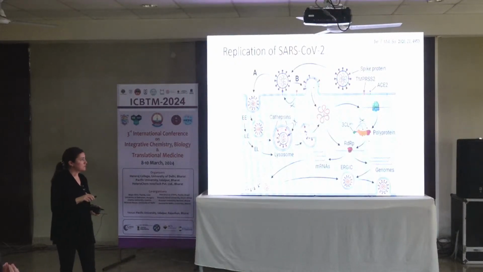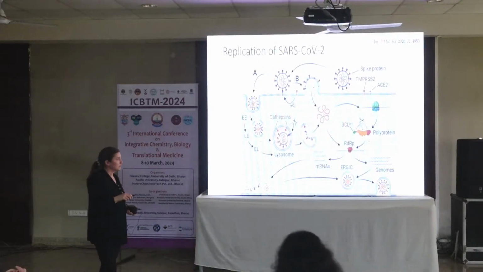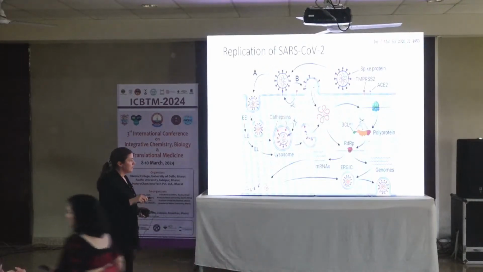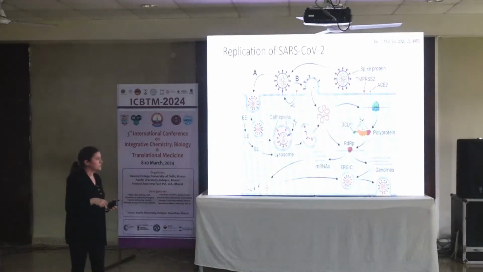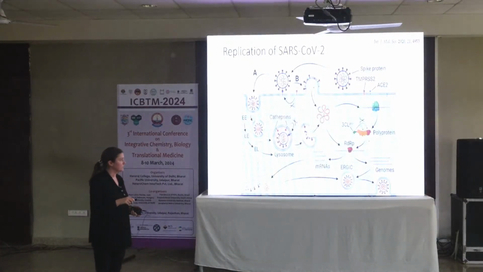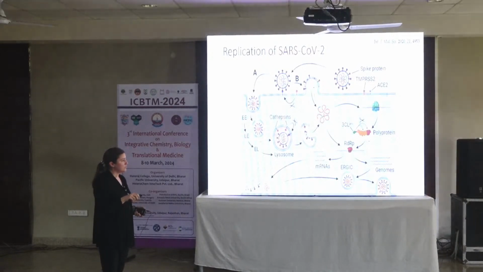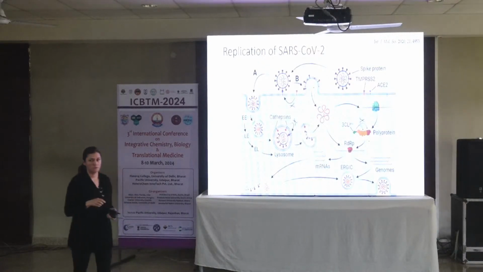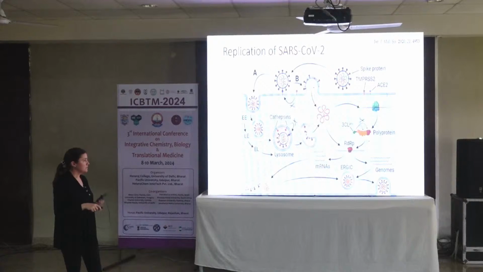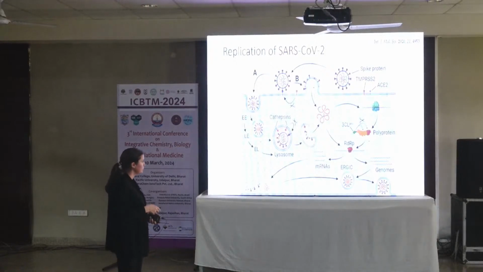In this case, the cathepsin enzymes can activate the spike protein, and the genome can get into the cell. During the replication, a polyprotein is produced, and the 3CL enzyme can cleave this polyprotein to non-structural proteins. So this is a very complex process, and we can inhibit this process at many points.